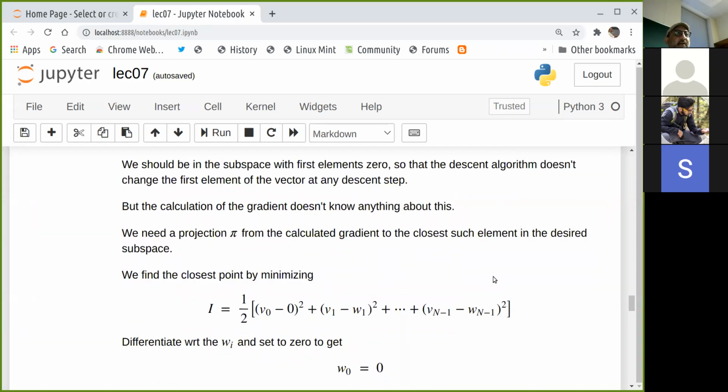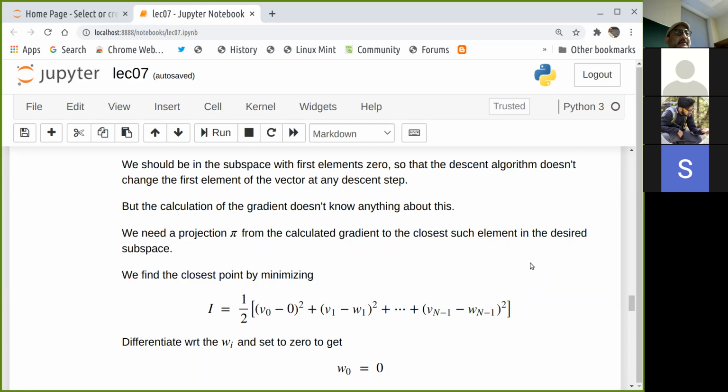And so we're going to need a projection that will take you from the gradient that you have to the gradient that you want. You're going to calculate some gradient which maybe does not have initial entry 0, and you want to project it onto the subspace in which all the vectors have initial value 0, right? You did projections in your linear algebra course.